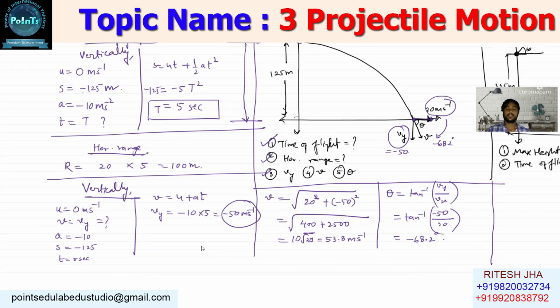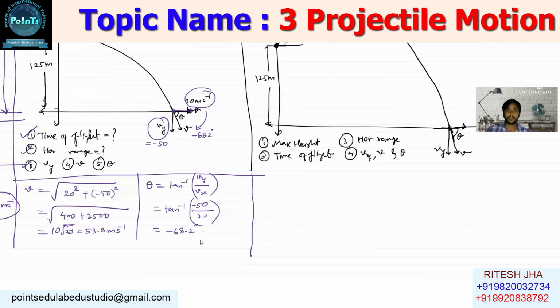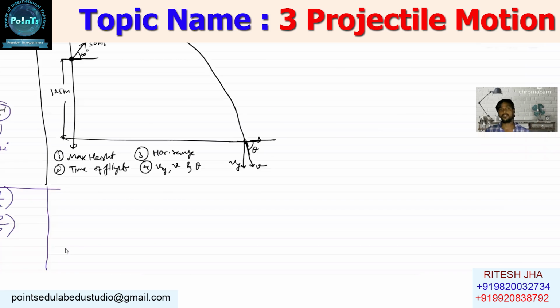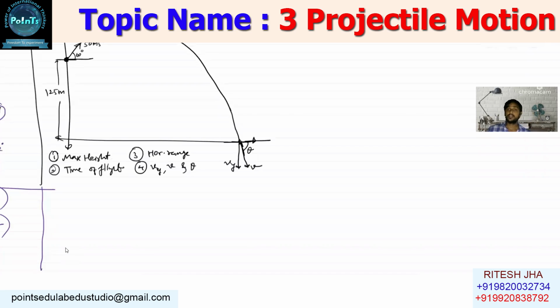Keep in mind that you need to follow the vector rules and those formulae. You don't have to mix the horizontal and the vertical. Keep them separate, and use the right sign convention, because you're dealing with vectors.